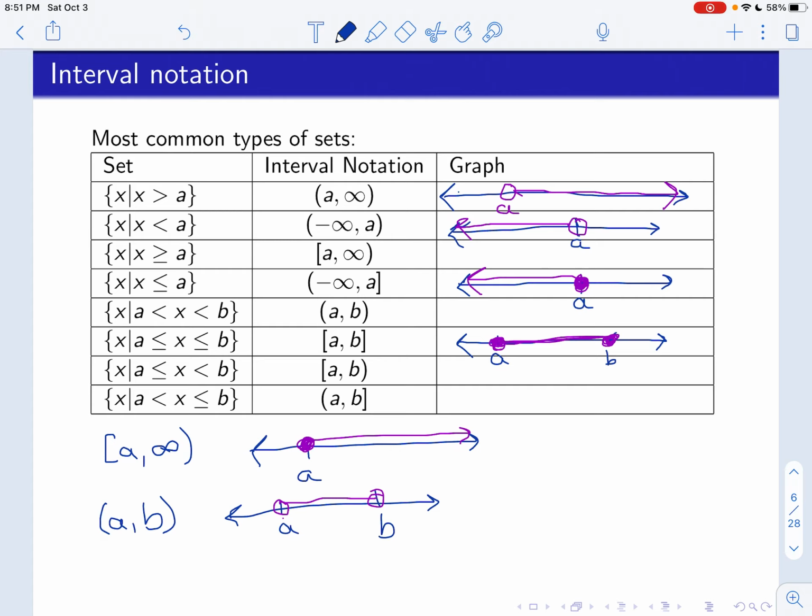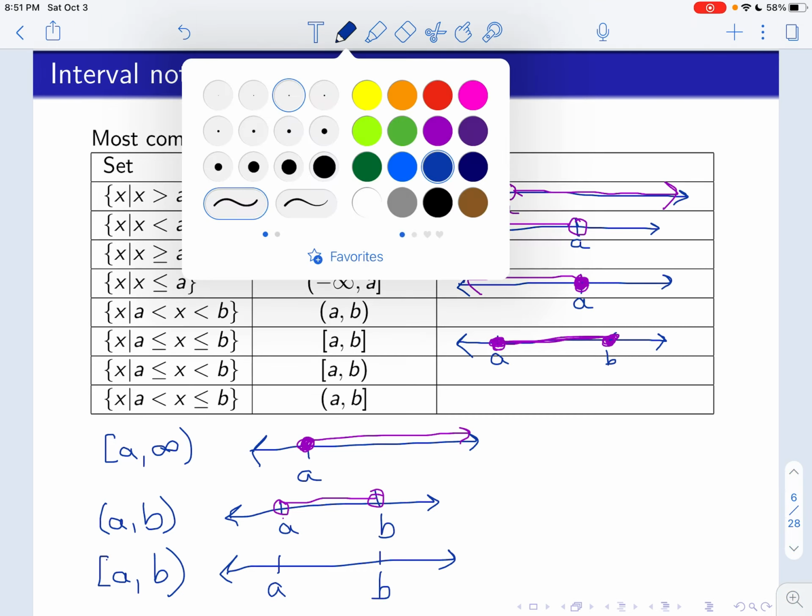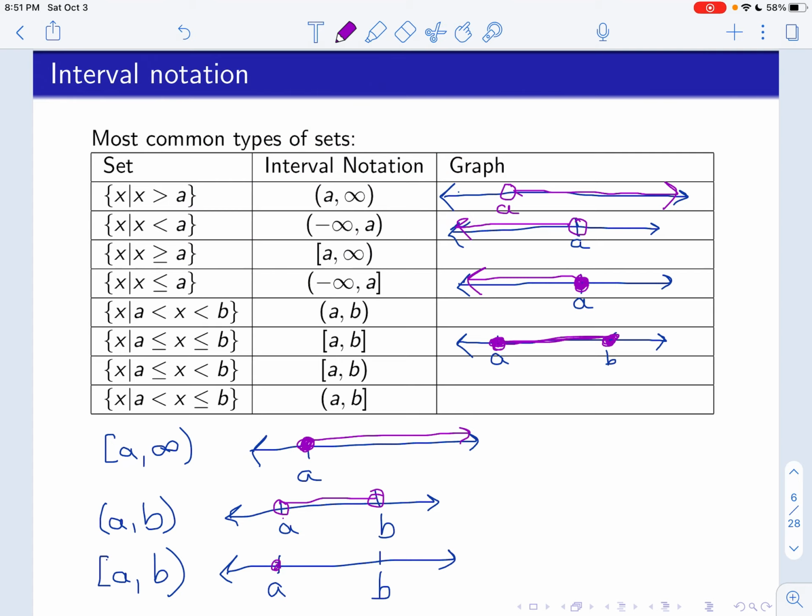So if I wanted to do, for example, the interval starting at A, ending at B, where I include A, but I do not include B, then when I draw that graph, A gets a solid dot, just like A has a bracket. B gets an open circle because B is not included. And our set is all these numbers starting at A, including A, up to B, but not including B.